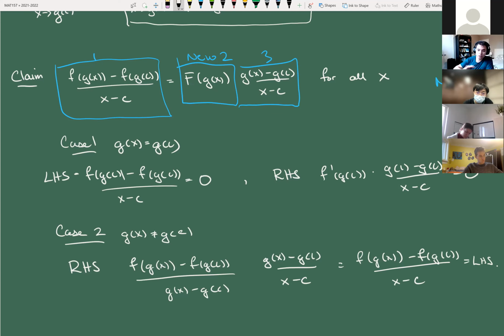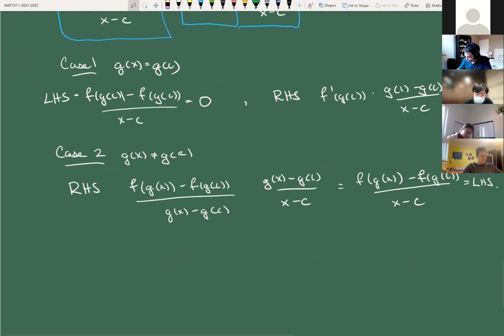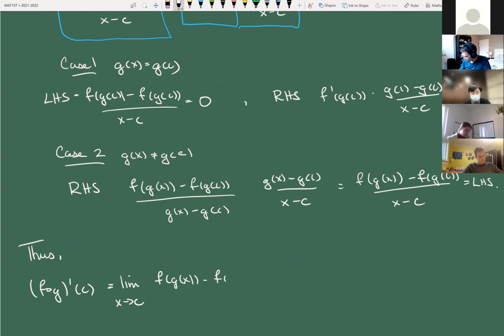Okay, so I've shown now in all possible two cases, because either g of x is equal to g of c or it's not. But in doing this, these two things are equal. So now I can take the limit. So thus, (f composed g) prime of c is the limit as x approaches c of f of g of x minus f of g of c divided by x minus c.